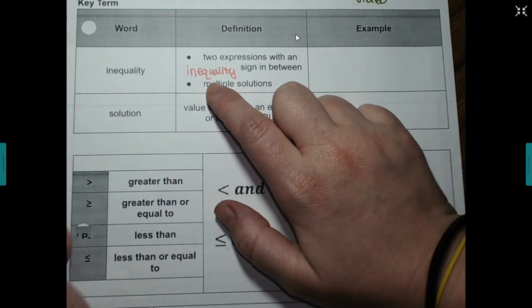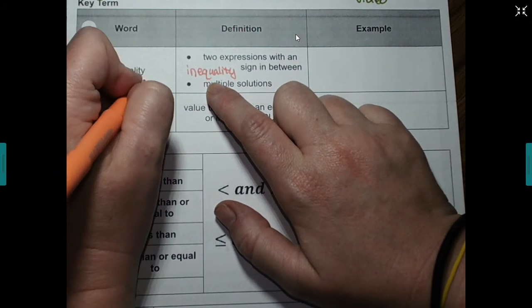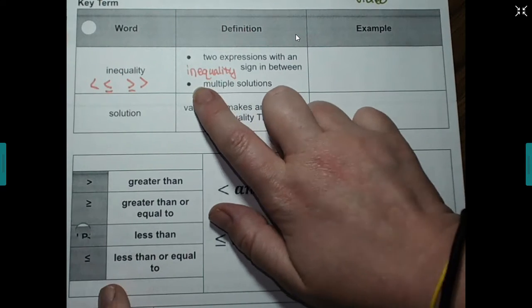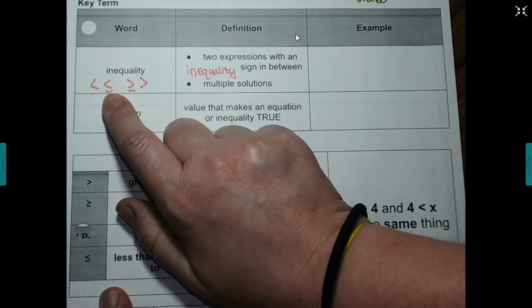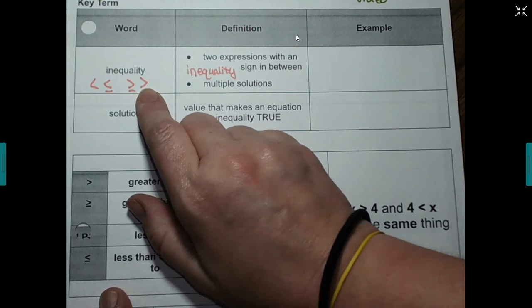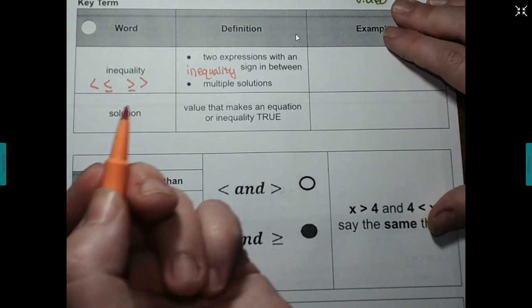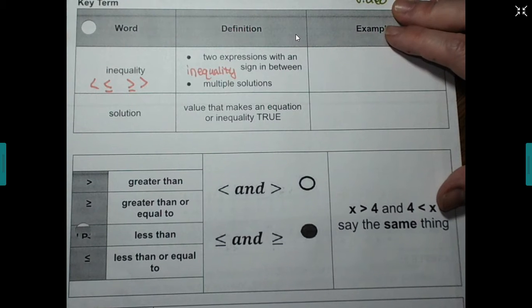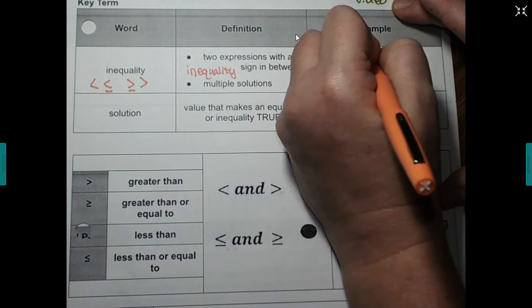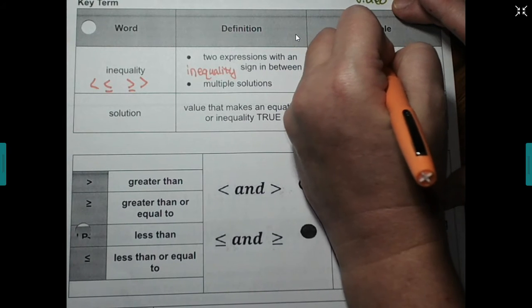And those look like, those are our alligators. So there are less than or equal to, greater than or equal to, or greater than. Some examples of inequalities you might see: 7 is greater than 3.